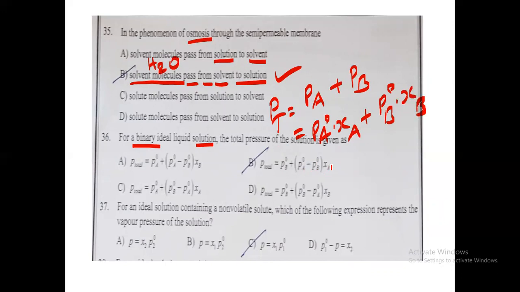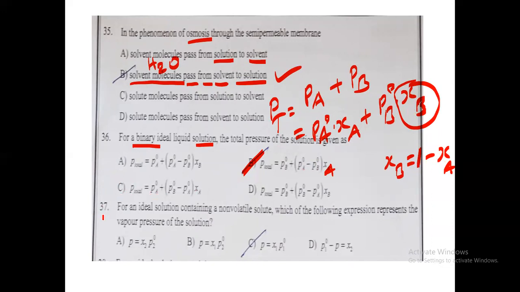Here XA is shown, not XB. So in place of XB we write XB equals 1 minus XA. Wherever XB is there, we write 1 minus XA. Then we get this form. Okay.